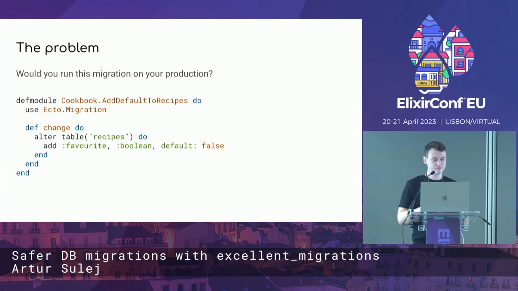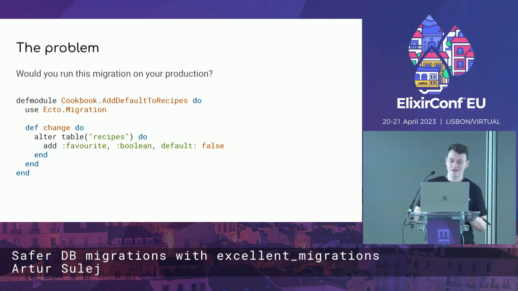So, first question: would you run this migration on your production without any hesitation? Do you think it's safe or not? Is it safe? Can you raise your hands? Okay. So basically, like most of the questions in the universe, the answer is it depends, and in this case, it depends on the database and on the version of that database.